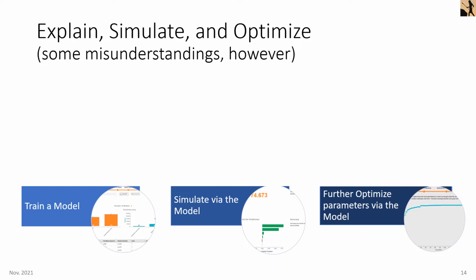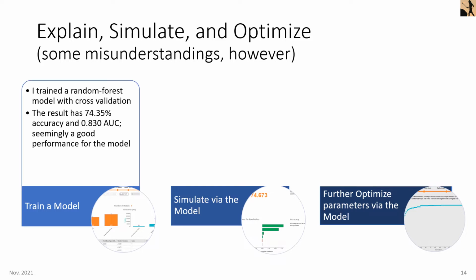We are just trying to use this trained model to simulate some particular set of attribute values, right? And we will also try to use this model to optimize for some parameter values subject to some unchangeable features, right? This is fairly clear, but you can see from the community some people have misunderstandings like this.